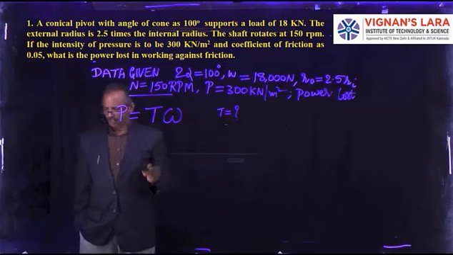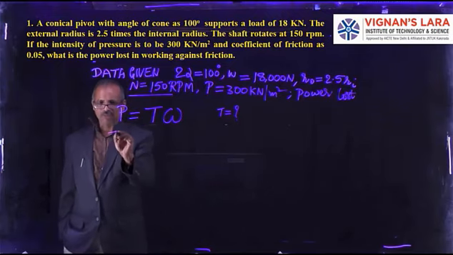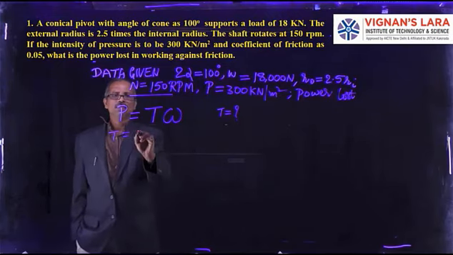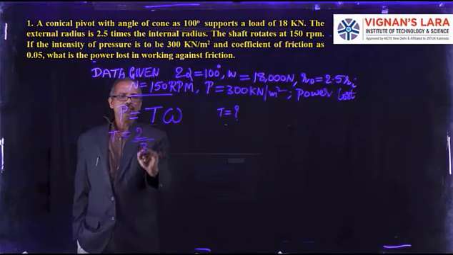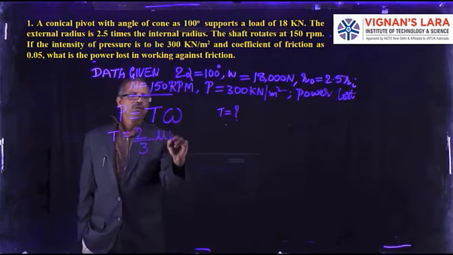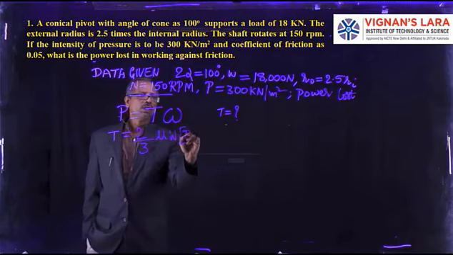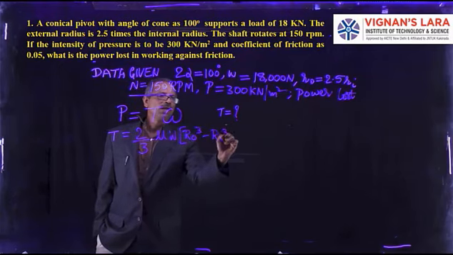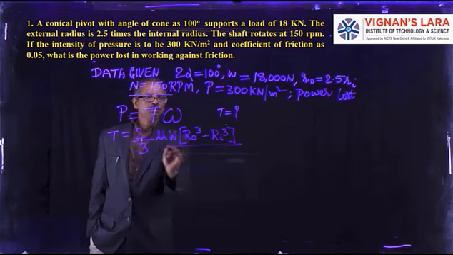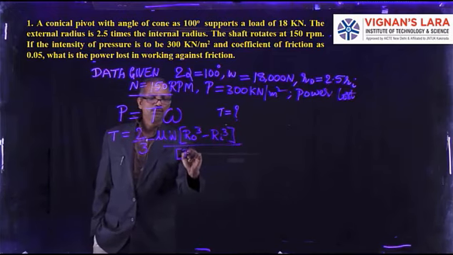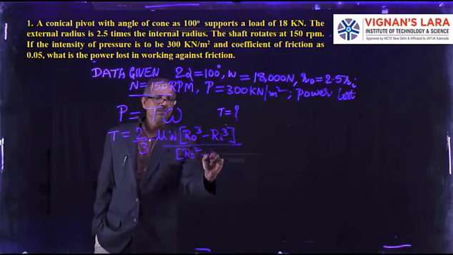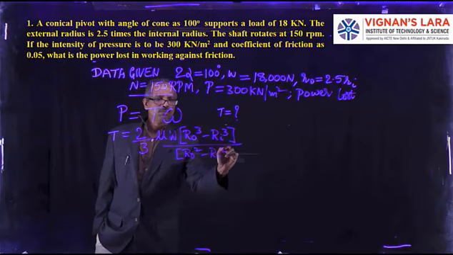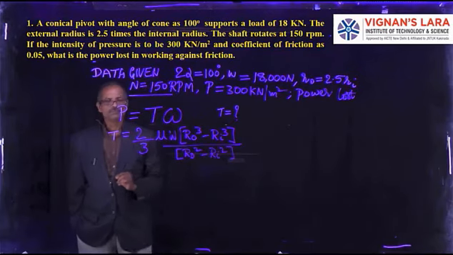How to get the torque? I know the torque equation is 2 by 3 mu W times (R0 cube minus Ri cube) by (R0 square minus Ri square).